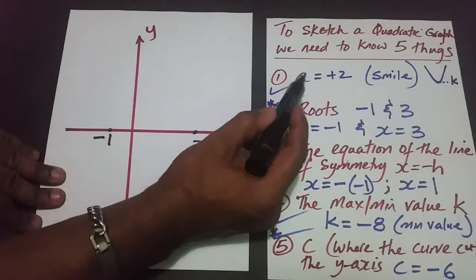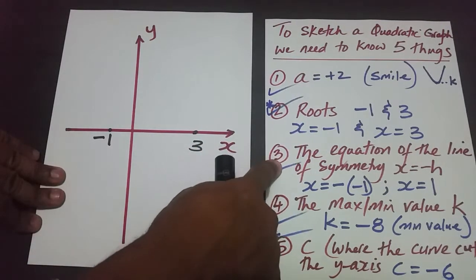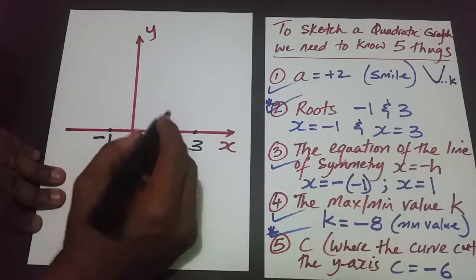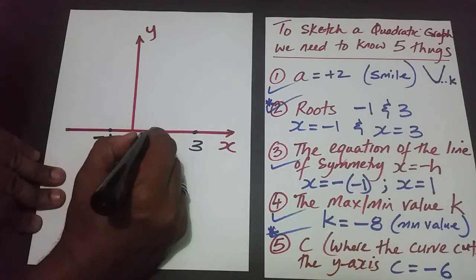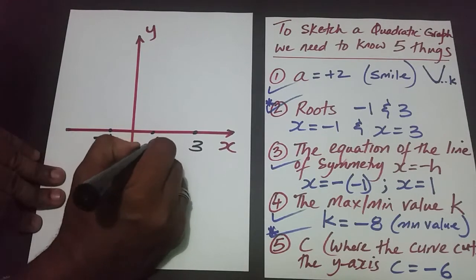So I understand that it's a smile, and I have my roots on the paper. The next thing I want to do is the equation of the line of symmetry, which is x equals 1. That should be smack in the middle of the two roots, so I'm going to indicate this as +1.